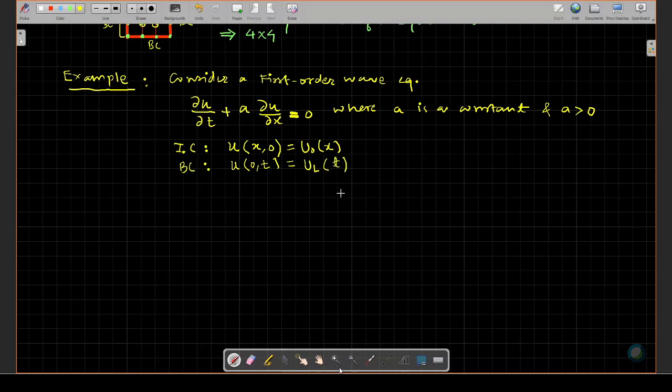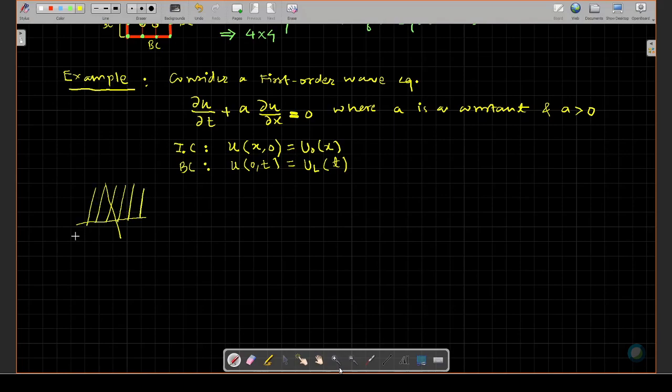Now for these problems, we know what the condition is. For an infinite domain, you had these many characteristics.